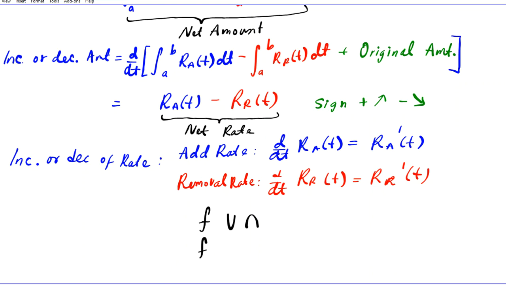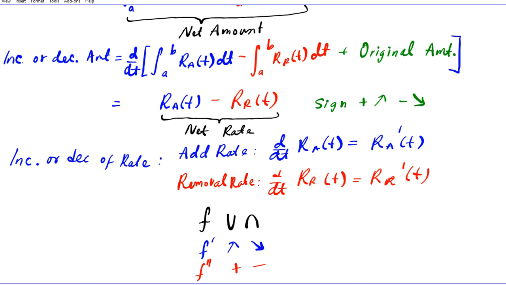Let's do that again. We have f, we have f prime, increasing, decreasing, and then we have f double prime, positive, negative. Okay, so we have the first column that connects the concavity of f with the behavior of f prime and the sign of f double prime.